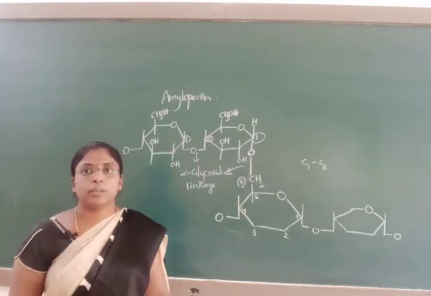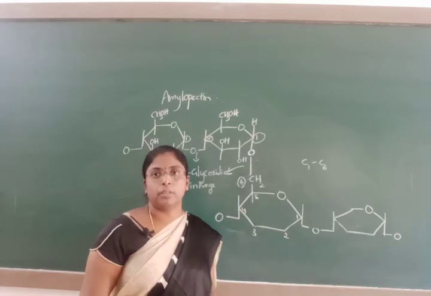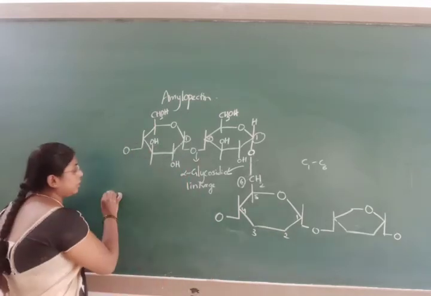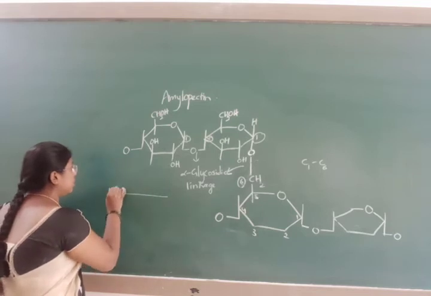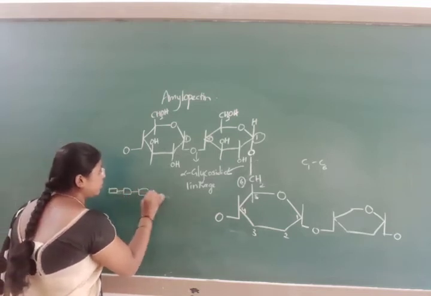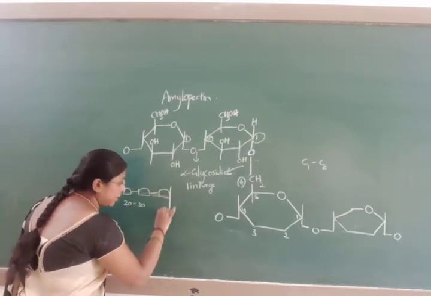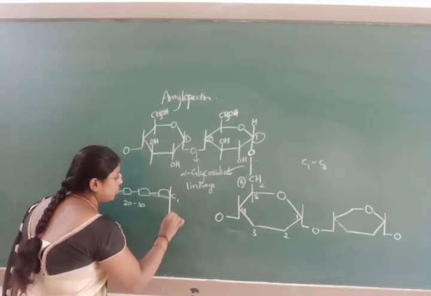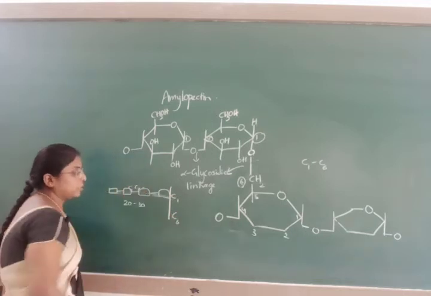In this way, the amylopectin is a branched chain polymer. 20 to 30 alpha glucose units are joined here. After 20 to 30 glucose units, where exactly branching takes place, here it will be C1C6 linkage, but here it will be C1C4 linkages.